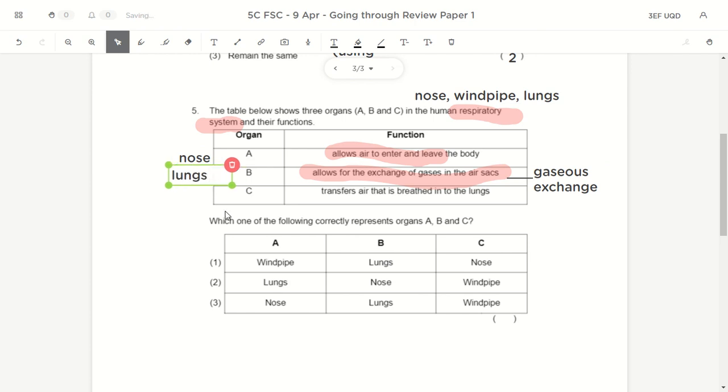So B is your lungs. And C, let's look at C, it transfers air that is breathed into the lungs, okay, from the nose probably. So what happens here? It is the pipe that connects the nose to the lungs. It is called the windpipe.